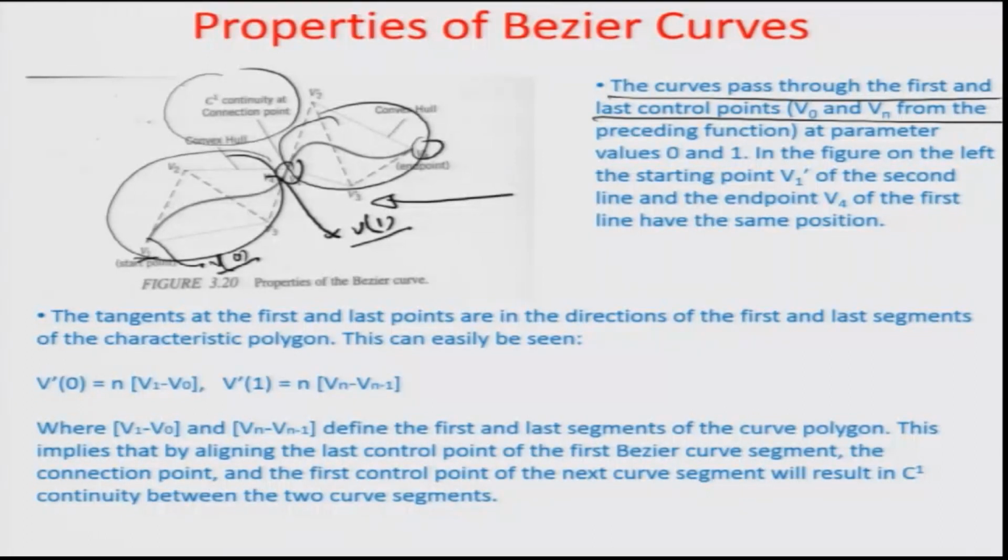And naturally, the slopes at V_4 and V_4 dash of this particular geometry, in other words, what I will say is that the slope at the V_1 of the last segment is equal to the slope at the V_0 of the succeeding segment.